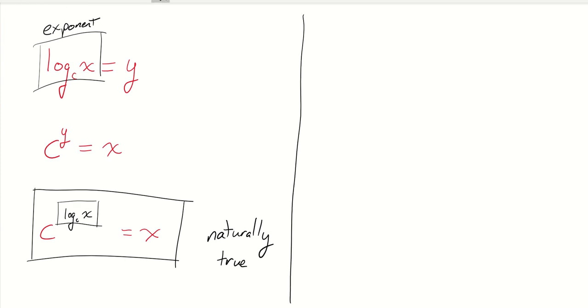One thing that we know is true is that log base c of x is equal to log base c of x. This is a very trivial statement, right? This logarithmic term is equal to itself. I just rewrote the same thing on the right-hand side. It's like saying 2 is equal to 2.